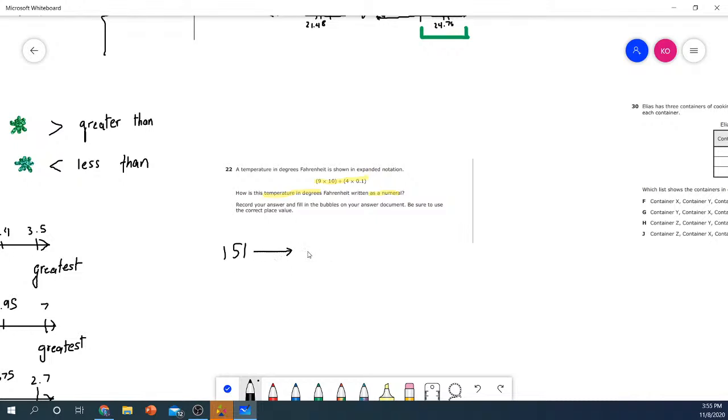So 151, we can write 1 times 100. So that accounts for the hundreds place. 5 times 10. That accounts for the tens place. And 1 times 1. That accounts for the units place, or the ones place. So this would be a numeral, and this would be expanded notation.